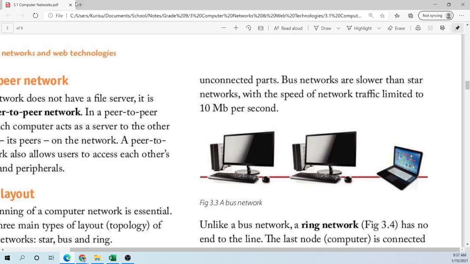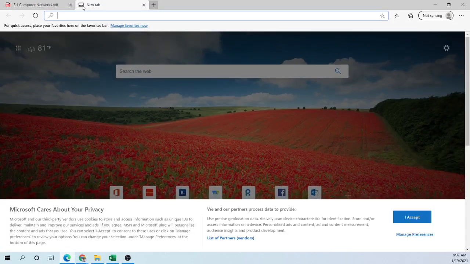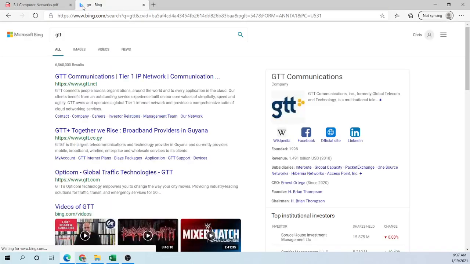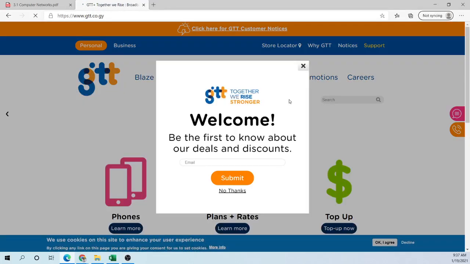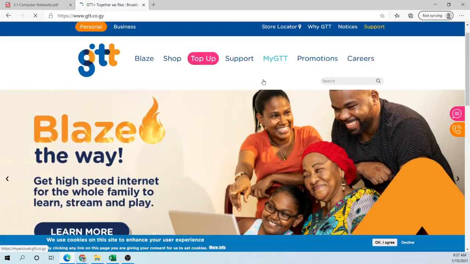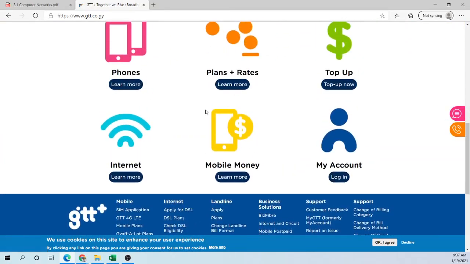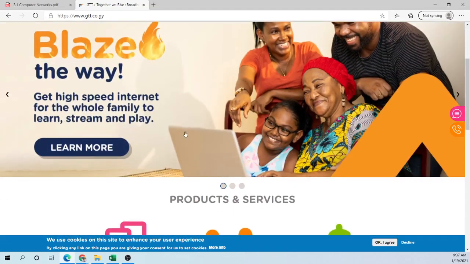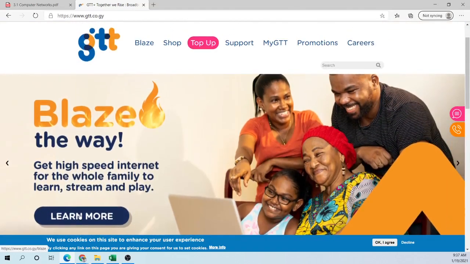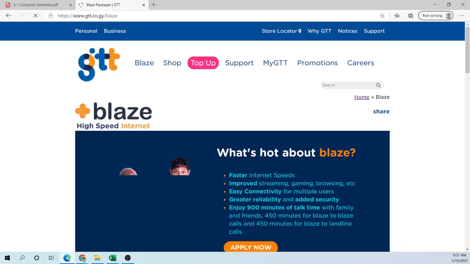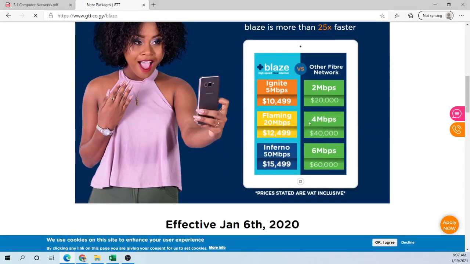I don't know if you ever noticed, but when GT&T is advertising, they do not advertise megabytes per second. Any of you ever noticed that? Let me see. Where are the plans?